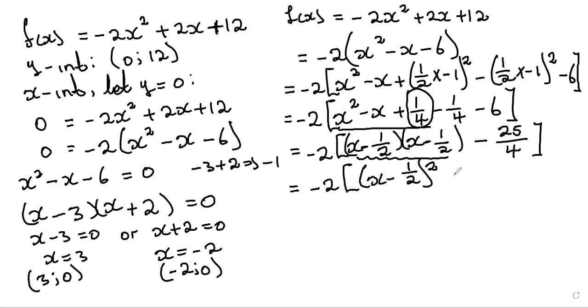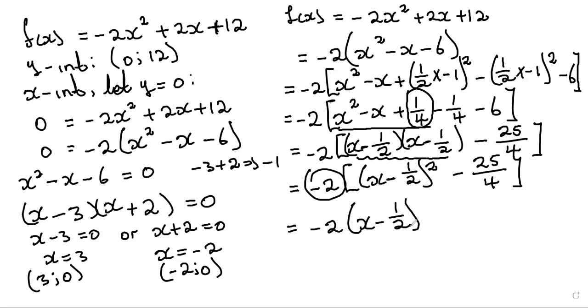So it's going to be this, then you say minus 25/4. Then from this point, you distribute the -2. So -2 multiplied by the bracket with a square is just going to be -2 into x minus a half, then you square it.